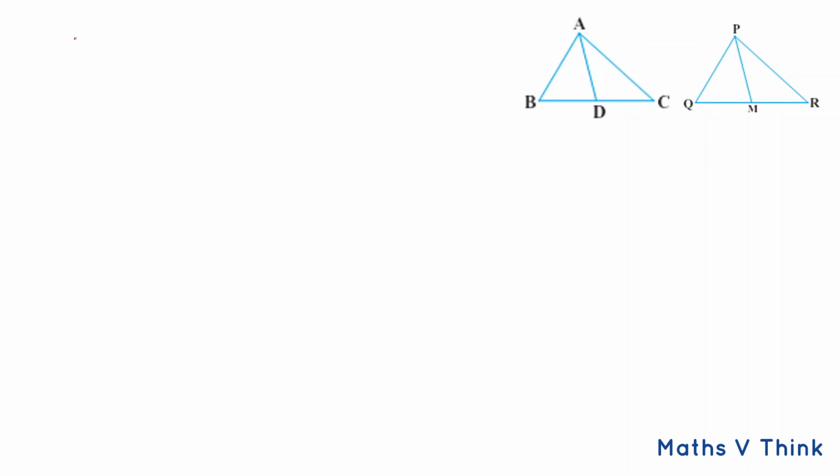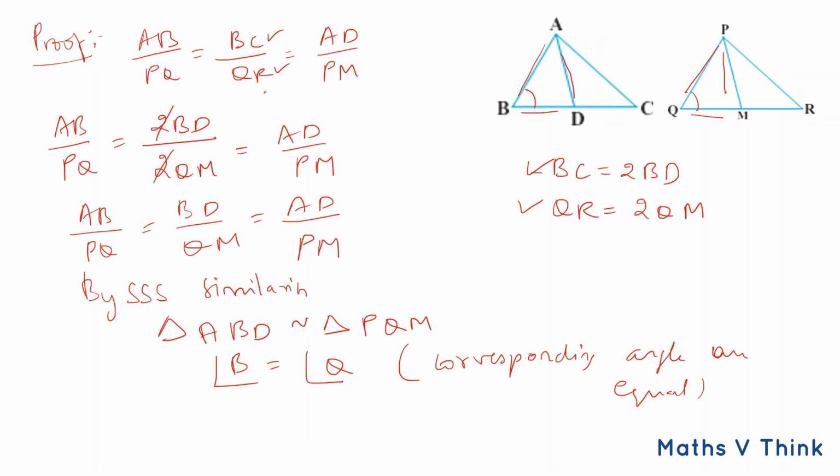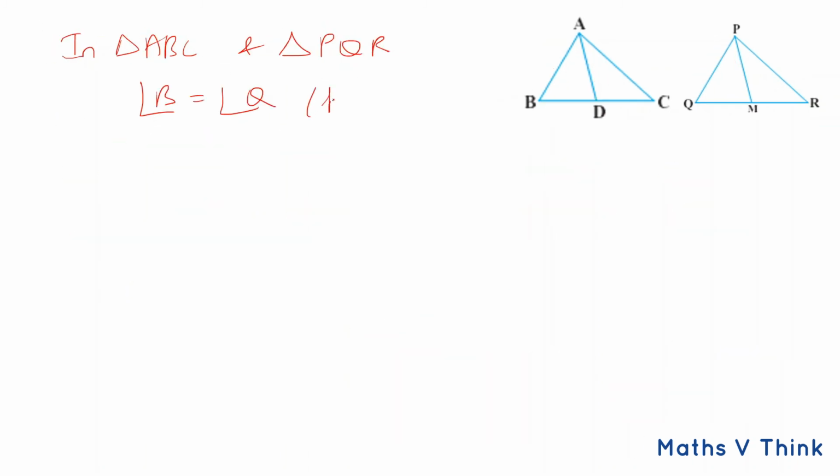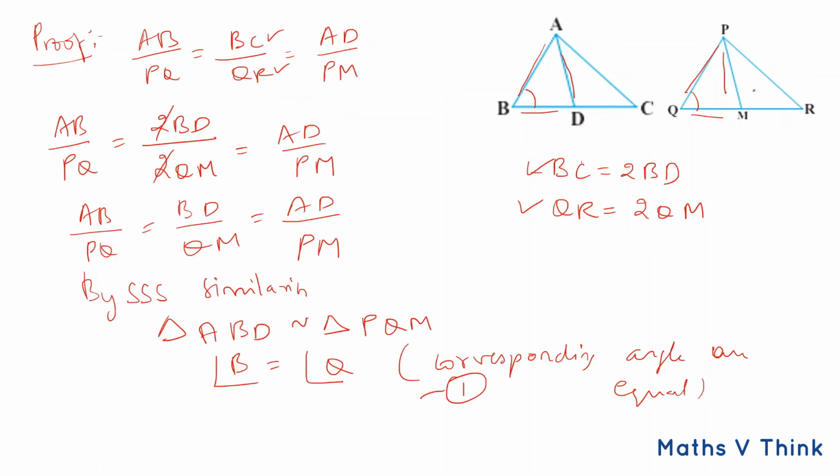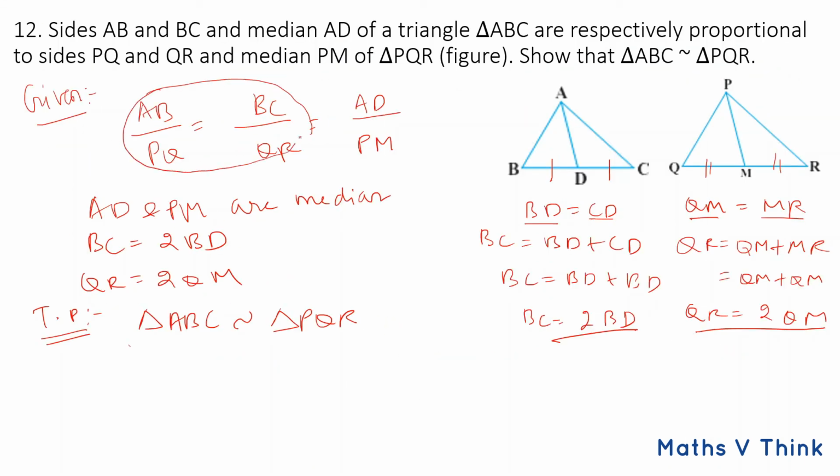So the main proof comes here. In triangle ABC and triangle PQR, I already proved that angle B is equal to angle Q. So let this be 1. From 1, this is equal to this. Now they gave in the question AB by PQ is equal to BC by QR.